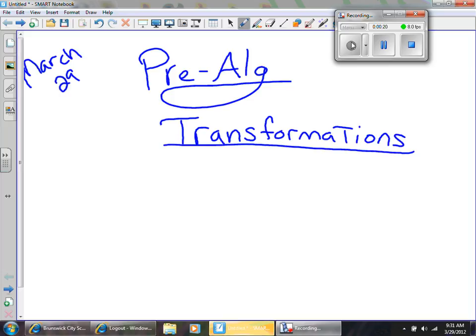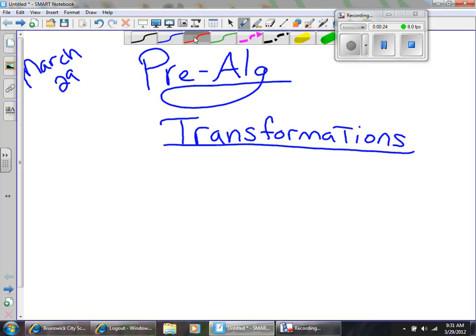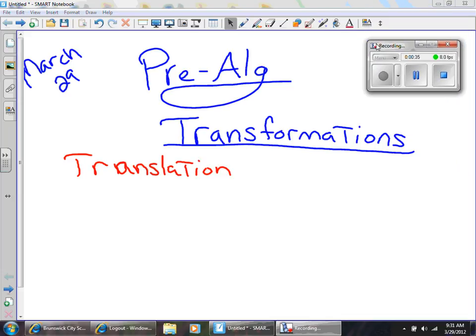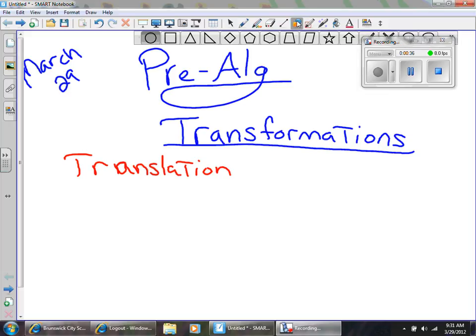The first type of transformation that we learned about was called a translation. To perform a translation or tell if something's been translated, all it means is it's been shifted, and you have to tell me how it moved.